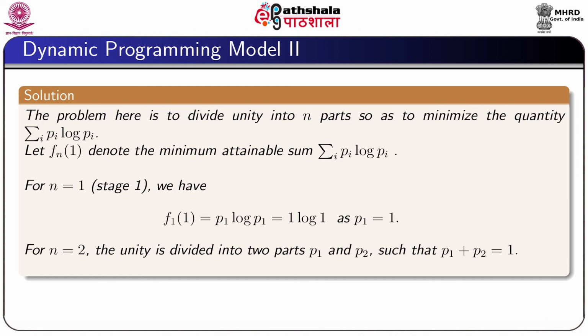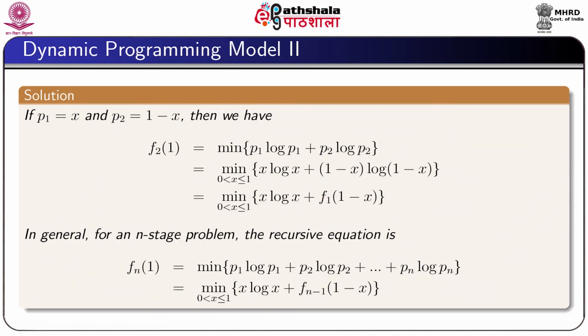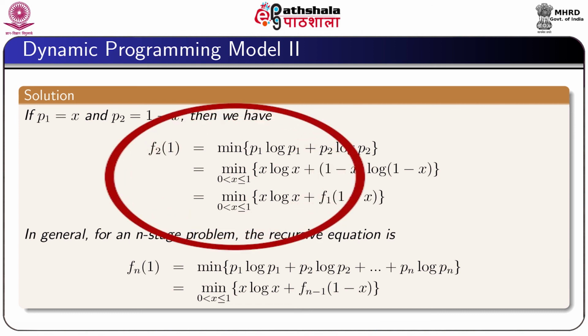here the unity is to be divided into two parts p1 and p2 such that p1 plus p2 equal to 1. We take p1 equal to x and p2 equal to 1 minus x, then we have f2(1) equal to minimum of p1 log p1 plus p2 log p2.